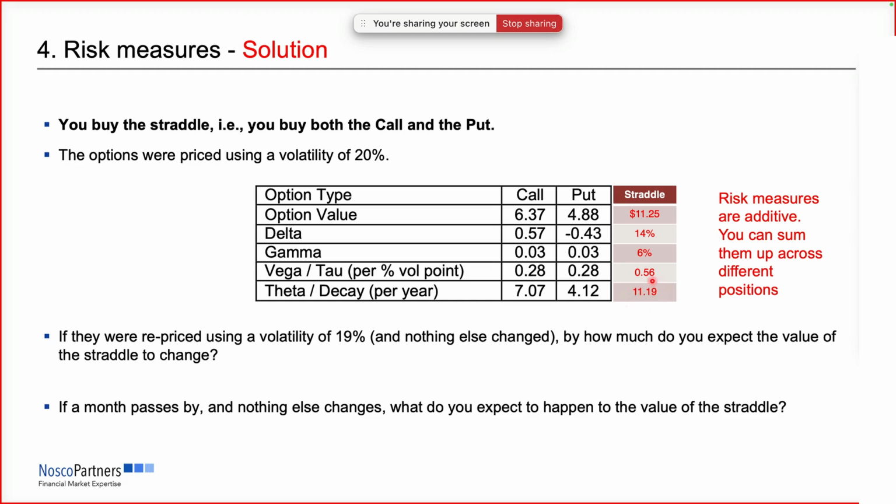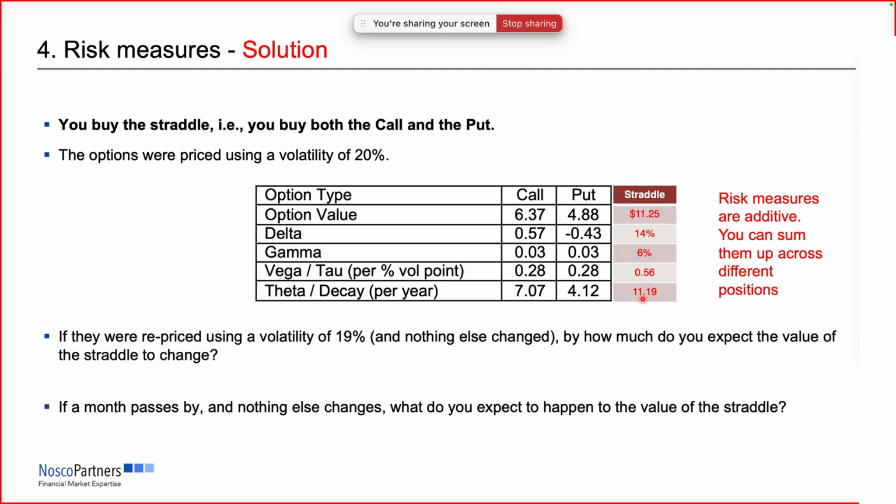So what would that be? It's roughly 12, not exactly 12, but 12-ish, right? 11.19. We have 12 months in a year. So that means this option would lose in a month about $1. It's worth 11.25 the straddle, and every month it seems it loses about $1.